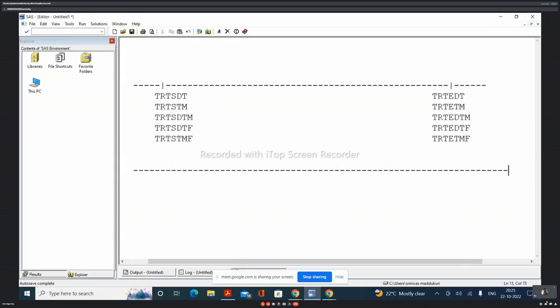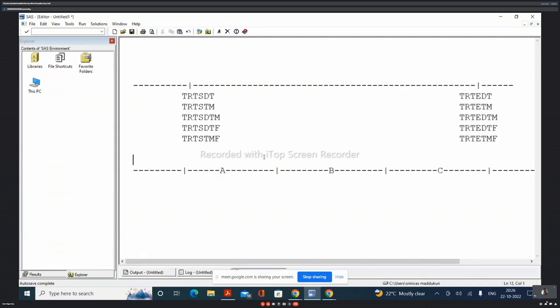Say for example, in a crossover study, I'm giving drug A first, and after a few days I'm giving drug B. Again, after a few days, I'm giving drug C. Now tell me how many treatments I have in my study. In one arm, we have three treatments. This is the first treatment, this is the second, and this is the third.